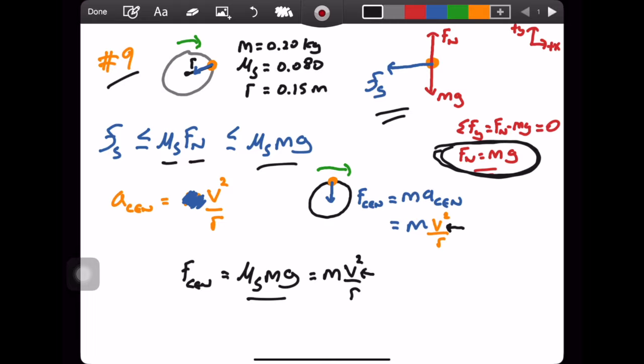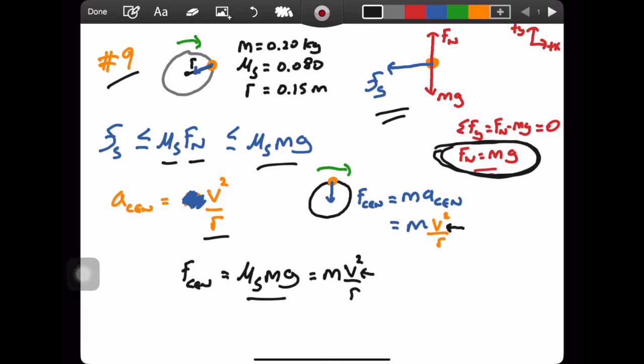I talked about how centripetal force is mass times the centripetal acceleration. The centripetal acceleration is equal to v squared over r, where v is the velocity of the rotation and r is the distance from the center of the circular trajectory. And because of Newton's second law, F equals ma, the centripetal force must be mass times centripetal acceleration.